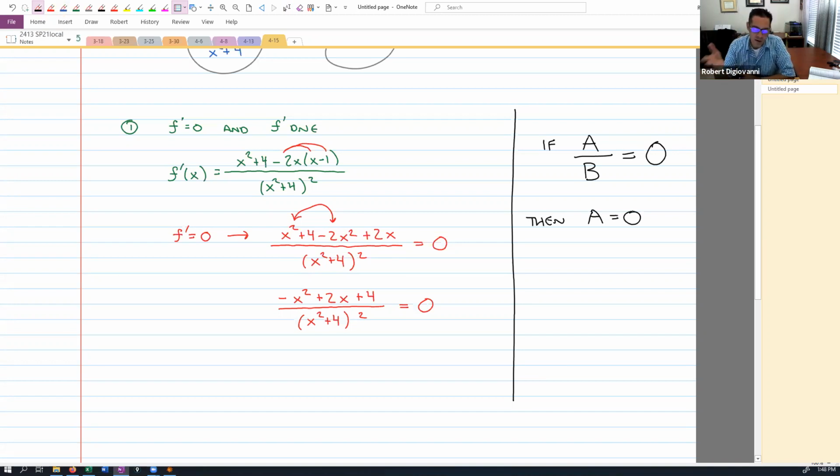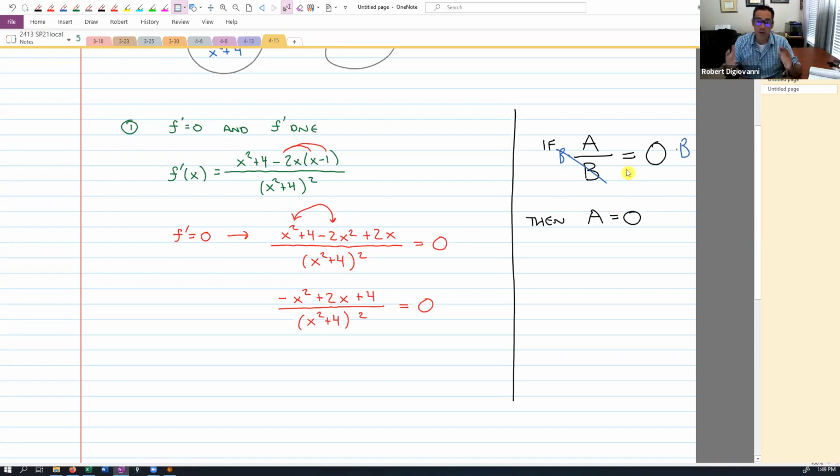In other words, the only way a fraction can be 0 is if the numerator is 0. If you don't believe that, then just multiply both sides by b right now. And if you do that, the b's cancel. And on the right side, 0 times b is still 0. So you wind up getting a equals 0. And you could do that for any fraction.